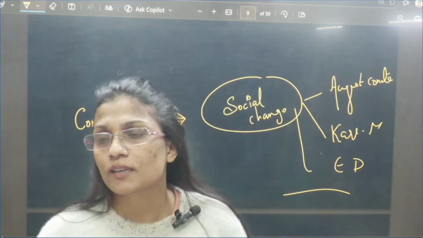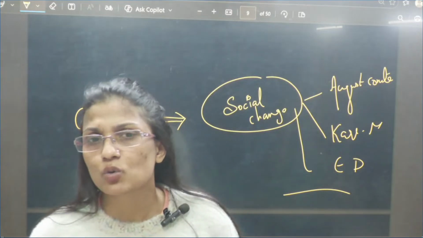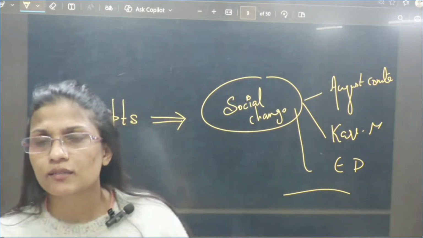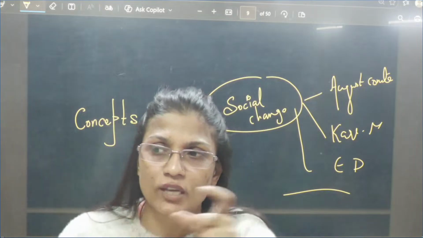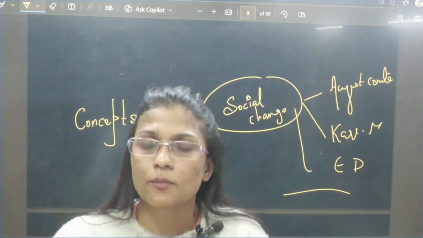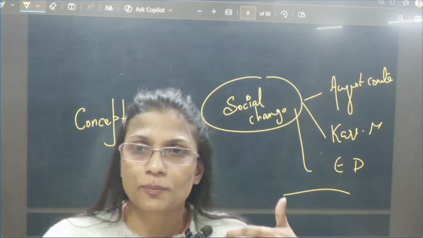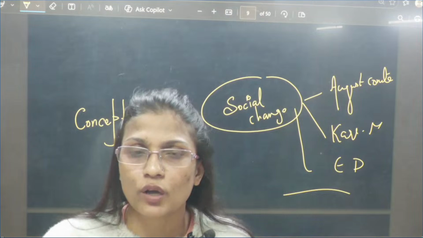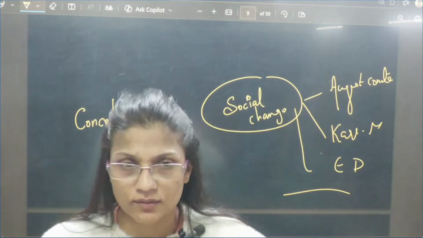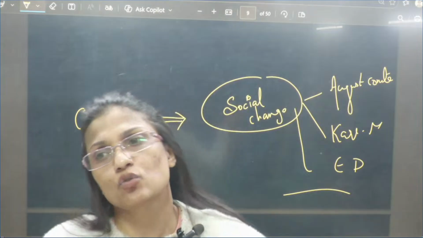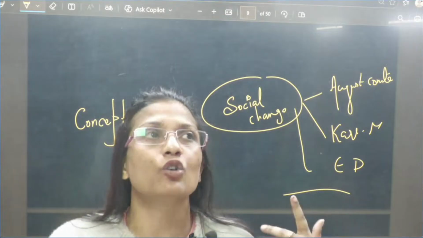How it is a concept, what it is talking about, what its characteristics are, that we need to understand. Social change means the changes in society. The moment I say social change, I am analyzing it with respect to economy, polity, marriage, family. So societal changes refers to social changes. Got the clarity?